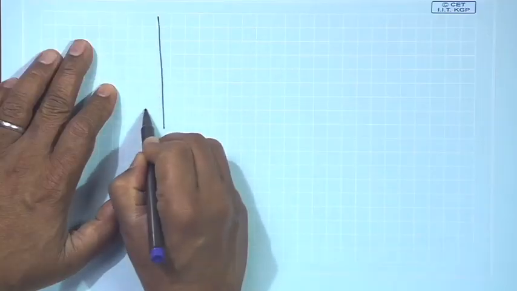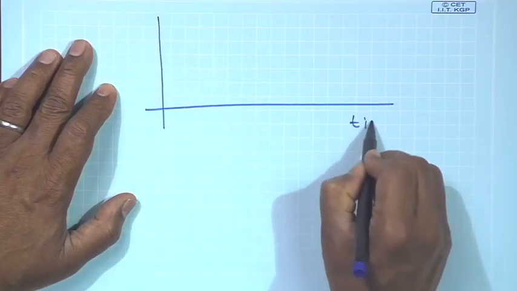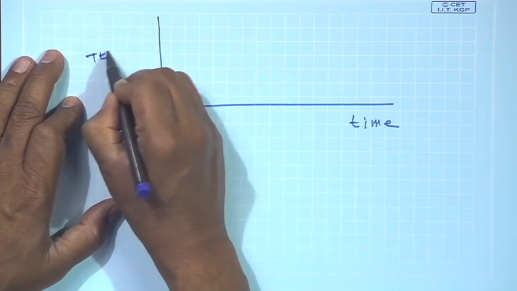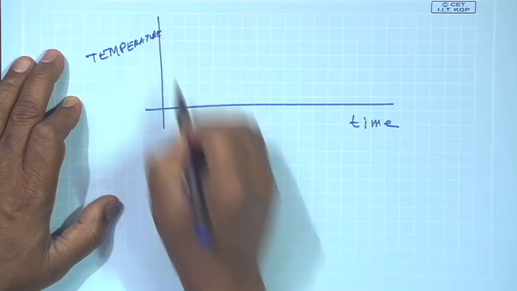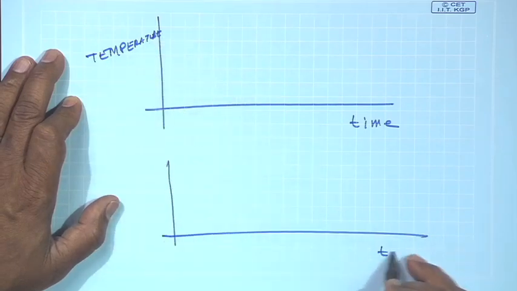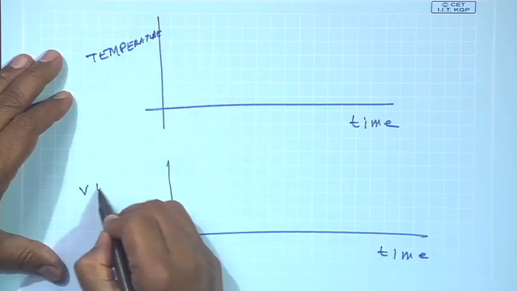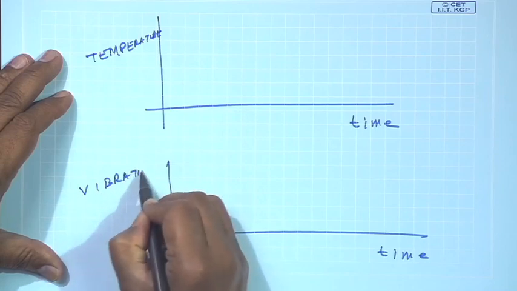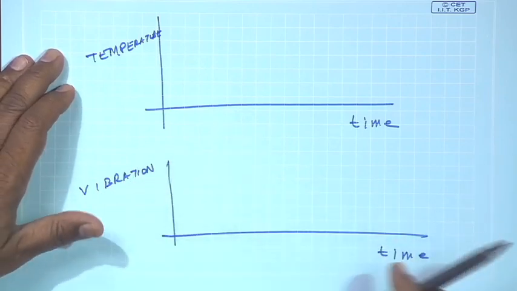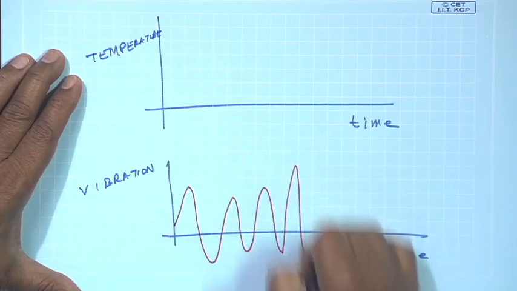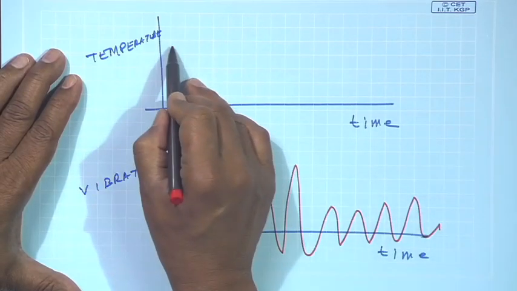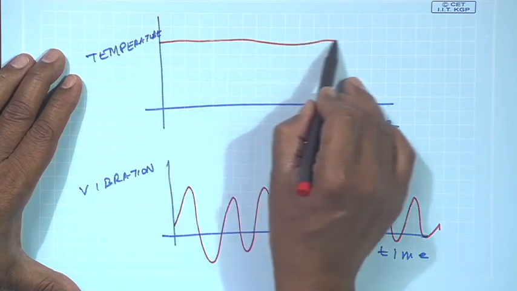As you know, in CBM there are many signals, for example, the temperature signal with time, as opposed to a vibration signal with time. Temperature signals do not change so rapidly, unlike a vibration signal. A vibration signal could be changing very fast, but a temperature signal is very slow.